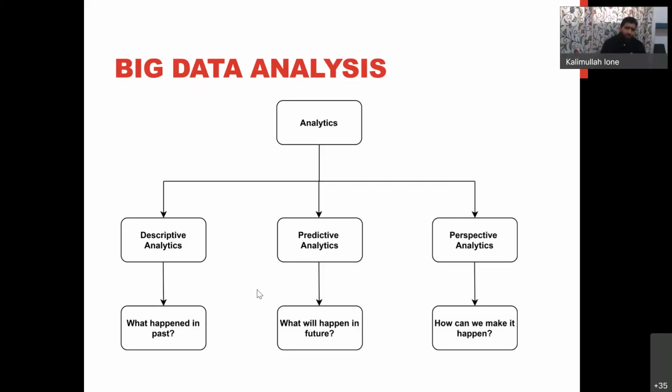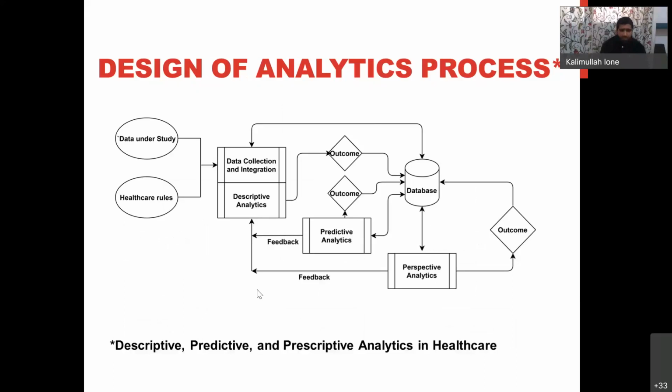To analyze big data, we use tools like Hadoop and Apache Spark. For that purpose, we have used a tool called PySpark. On that tool we have three types of analysis: descriptive, predictive, and prescriptive analysis. And we will move to the next stage.